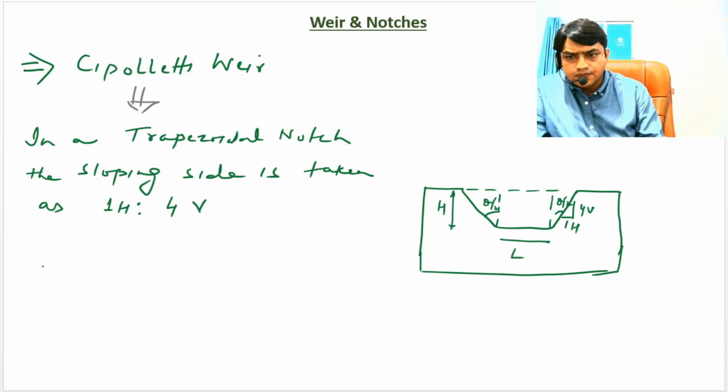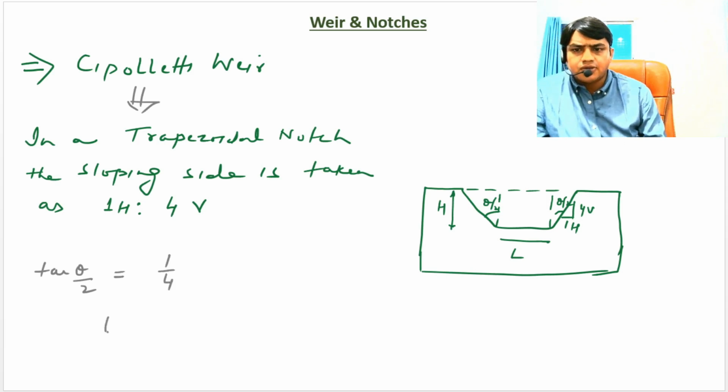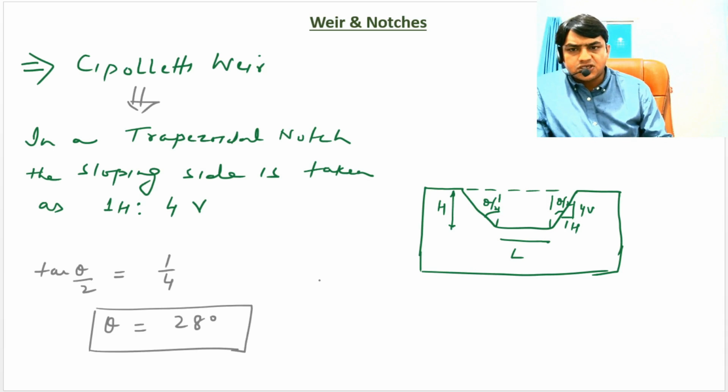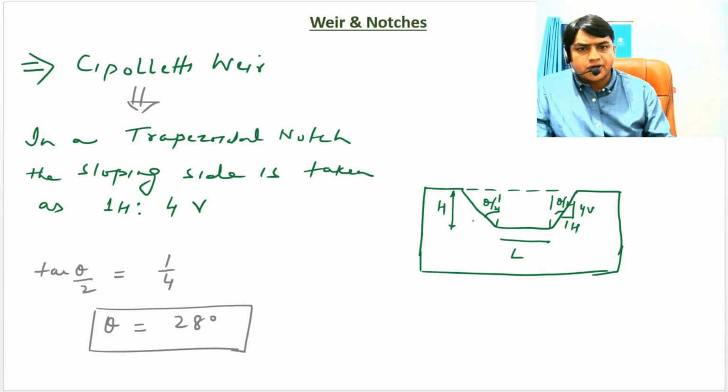Tan theta by 2 is equal to 1 by 4. So theta can be computed as 28 degrees. So this is the property of the Cipolletti weir, where in a trapezoidal channel the sloping side is taken as one horizontal to four vertical.